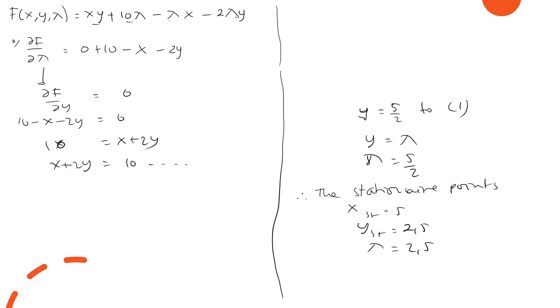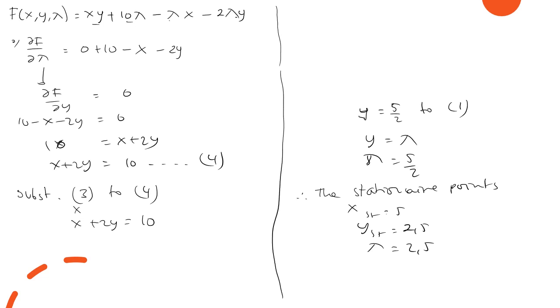So this is my fourth equation, and apply that x is, apply 3 to equation 4. You know that our third equation is x equals 2y, so x plus 2y is 10.